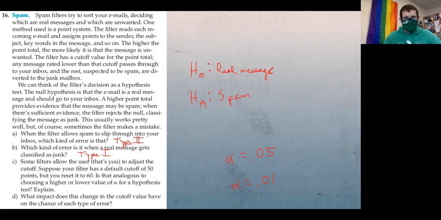And by the same token, when we take this 50 cutoff and raise it to 60, it has to be really, really obviously a spam message in order for it to be classified as spam. So it's harder to reject the null and to classify something as spam.